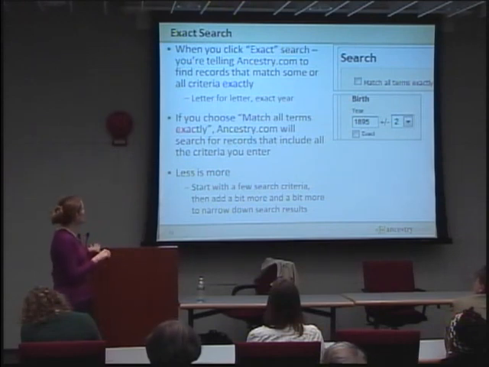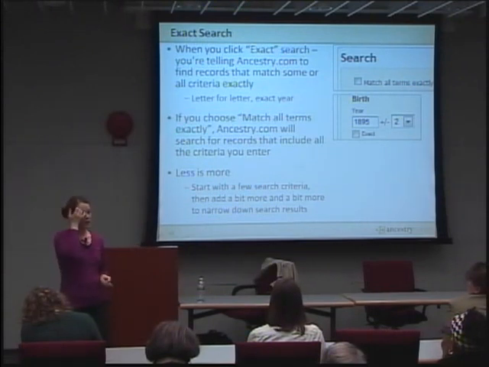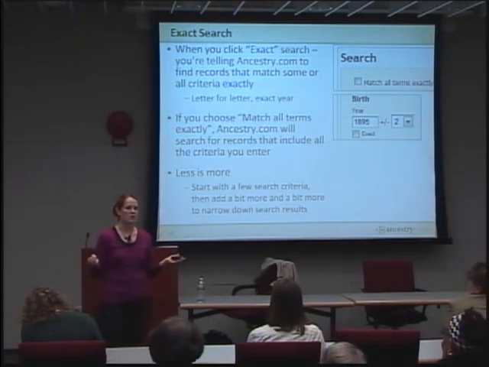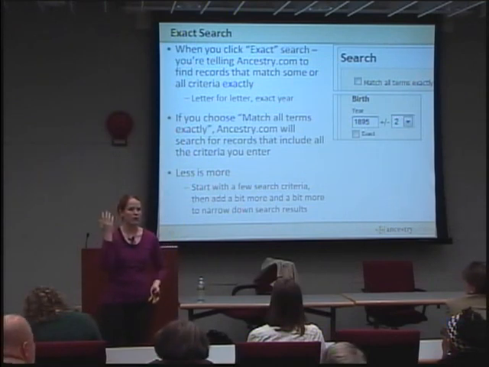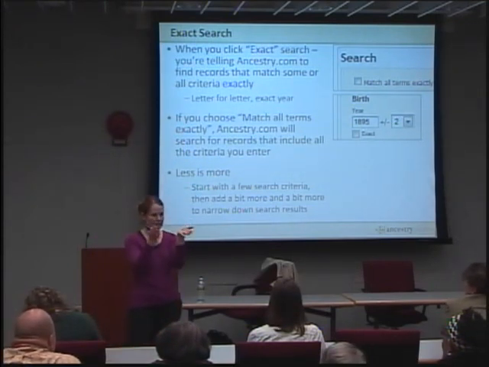I want to say the same thing with locations. If you say my ancestor was born in this specific place and you choose that it must be matched exactly, but you have a record that says he was born somewhere else... sometimes ancestors don't seem to know which country they were born in, and it switches from record to record. But if you limit yourself to only that place, you might be missing out on records.